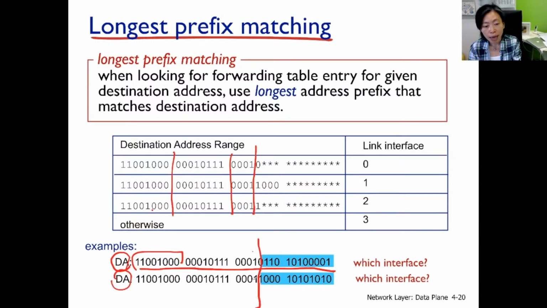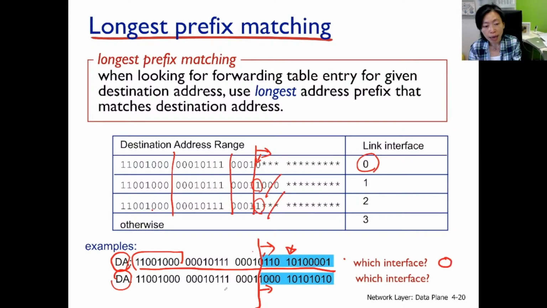So what differs begins from the 21st bit. Which entry in the forwarding table does the first destination address match? This bit is 0, so only this entry matches, because this is 1 and this is 1, so these two do not match. Therefore, this packet goes to interface 0.